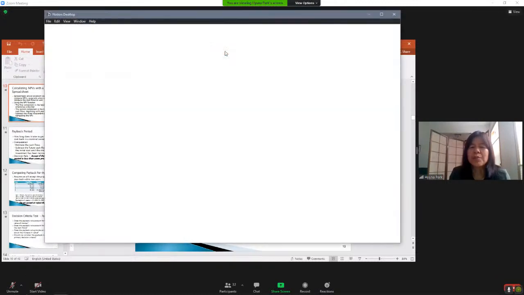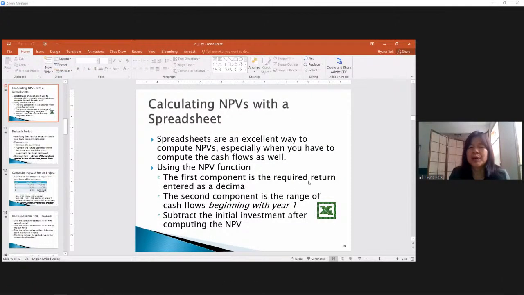The first component is the required return, and it should be entered as a decimal. The second component is the range of cash flows beginning with year 1. So don't include year 0 cash flow, start from year 1. And then you subtract the initial investment to calculate NPV.